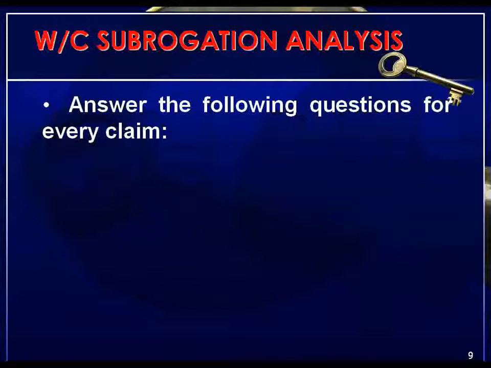You will have the ability to make the conscious decision to take prompt action on subrogation you recognize. If you don't ask yourself these questions, you won't be making the right decisions to maximize subrogation.